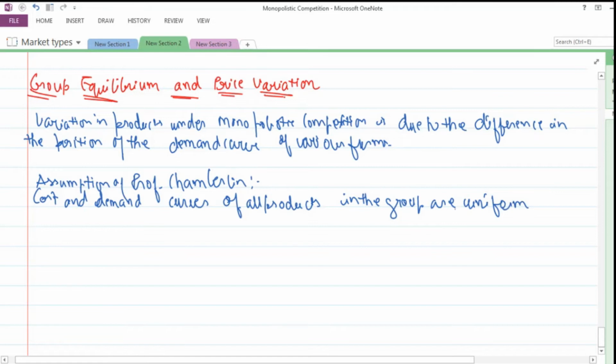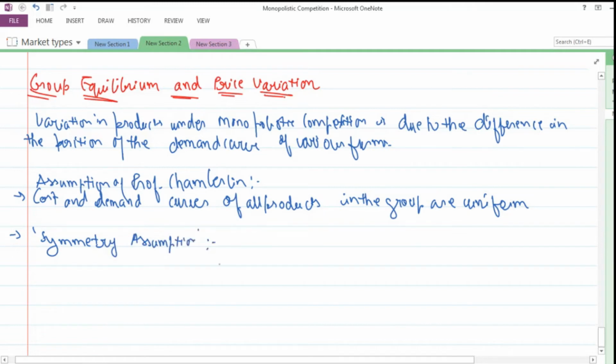Chamberlain also introduced another assumption which is known as the symmetry assumption. This is the first assumption, and this is the second assumption, known as the symmetry assumption.